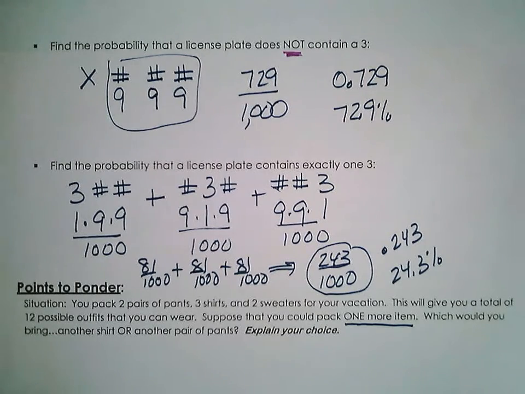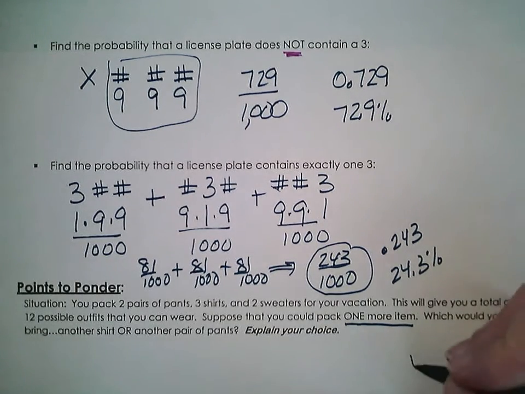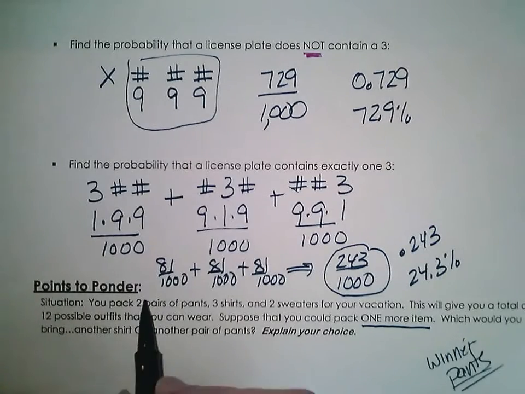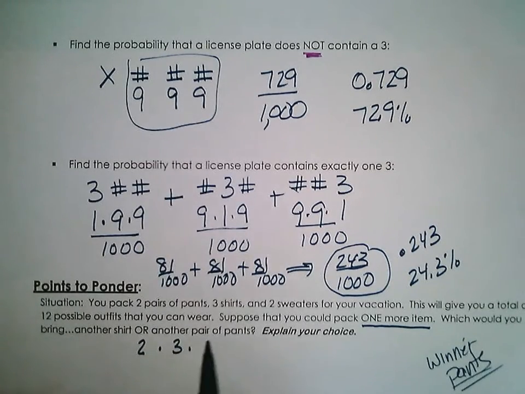I'm going to tell you, the winner is the pants. Okay, because right now, you have 2 times 3 times 2. And remember, this was pants. This was shirts. And this was sweaters.